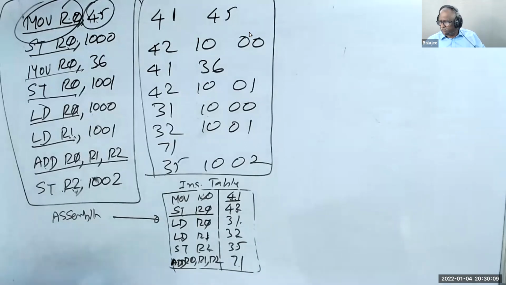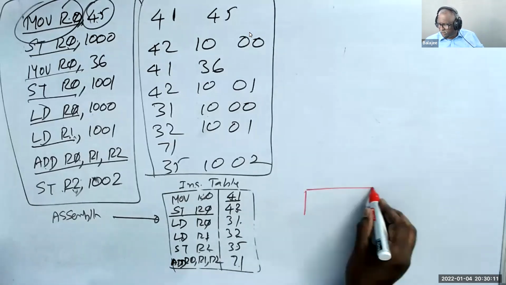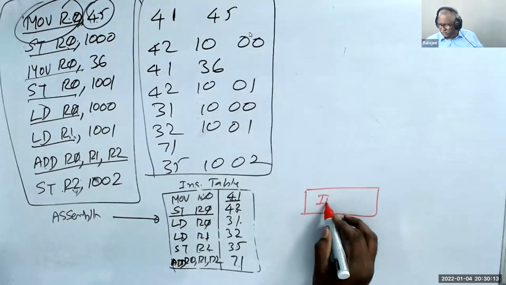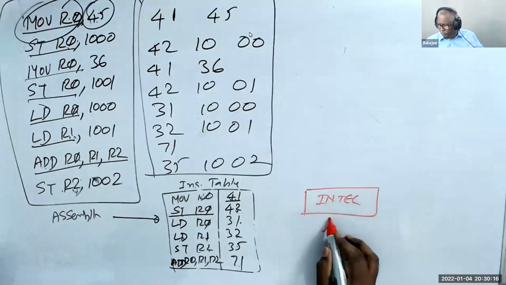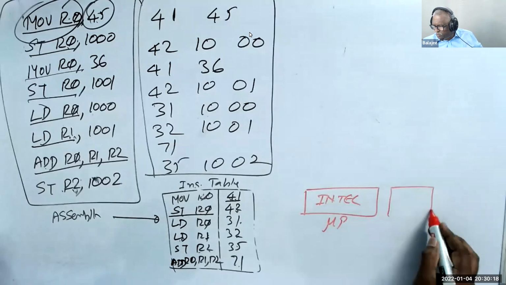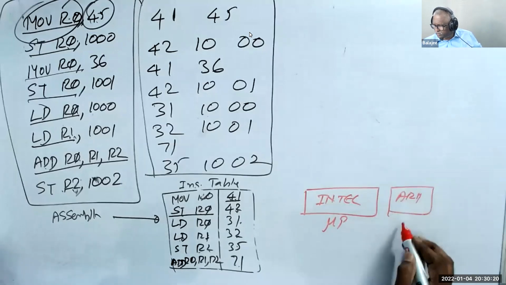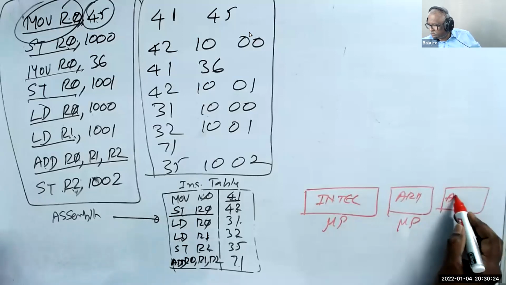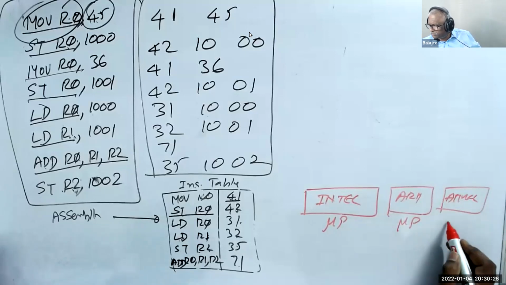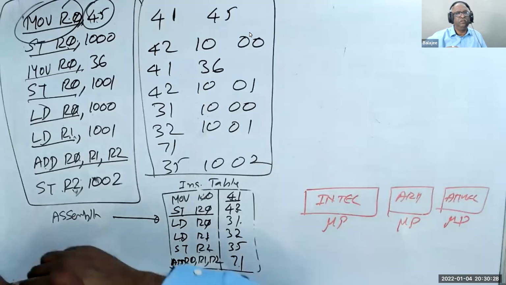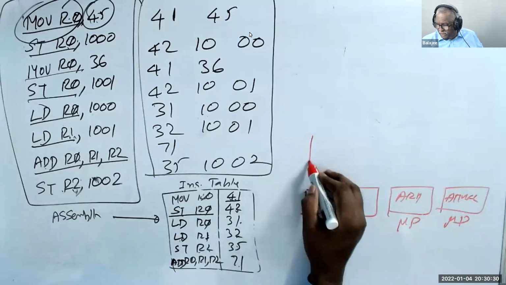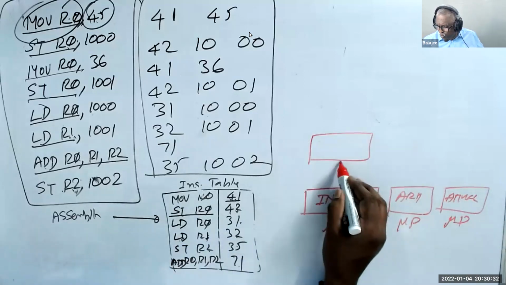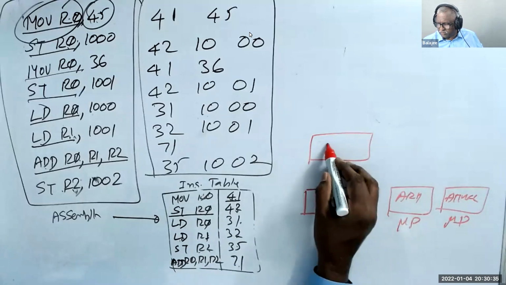See here, I have an Intel microprocessor. I have an ARM microprocessor. I have an Atmel microprocessor. For example, we take 3 companies. Now each company has its own assembly language.